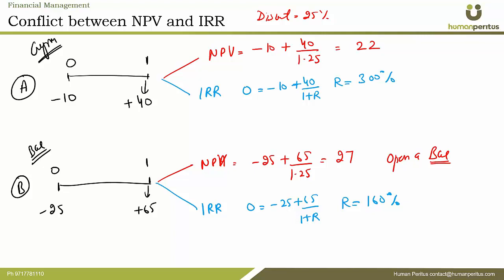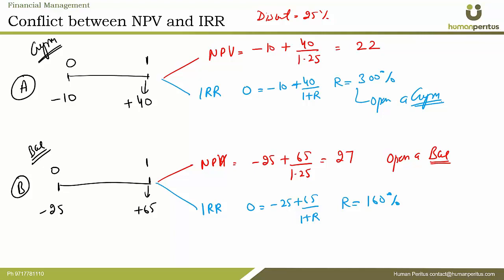According to this rule, what should I do? Open a gym or open a bar? Come on, guys. Gym or bar as per IRR rule. As per IRR rule now, I should open a gym.